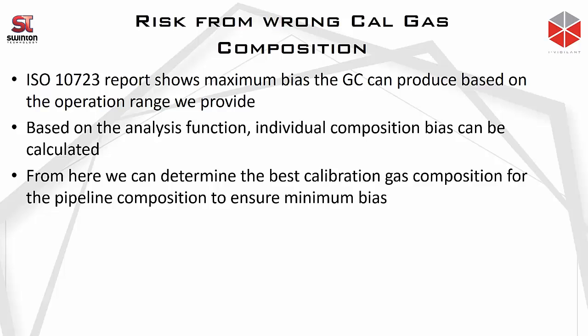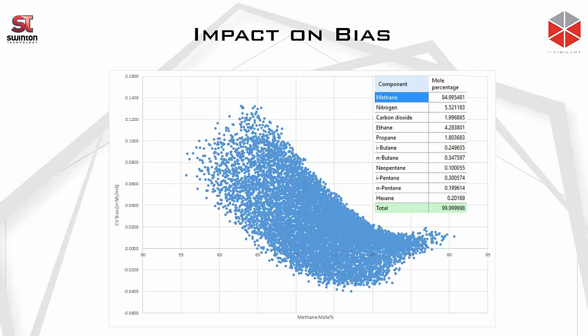Now here's an example. This is the impact on bias when we have a calibration gas of this particular component. If we operate between the range of 60% methane to, let's say, 90% methane, this is what we can expect of the range of the bias.